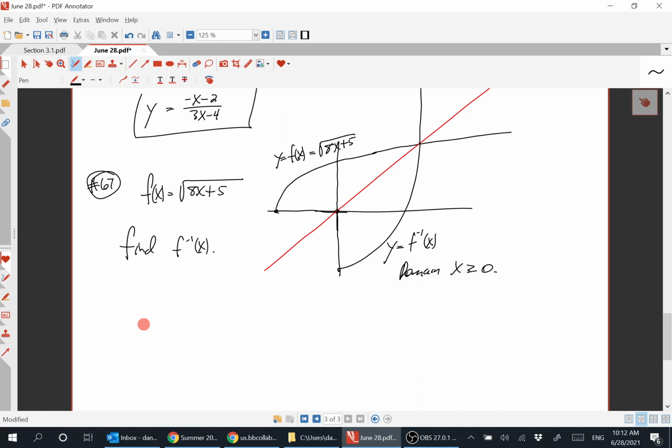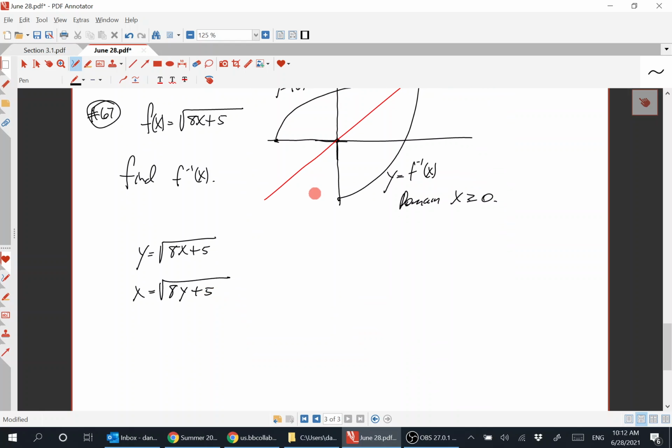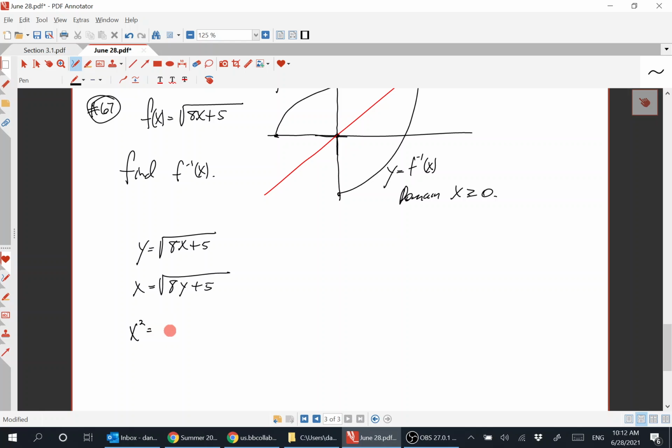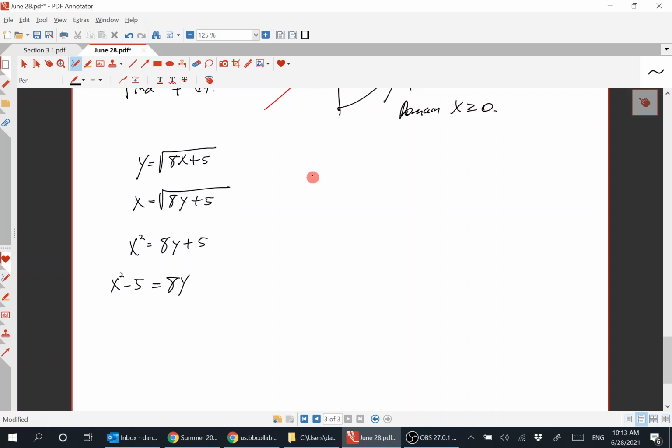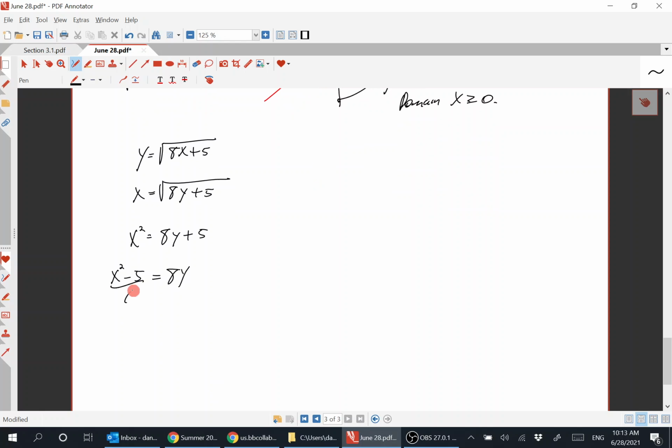So here we have y is equal to square root of 8x plus 5, so x is equal to square root of 8y plus 5. Square both sides. All right, so I've got x squared minus 5 is 8y, and then divide by 8. So 1/8 x squared minus 5/8 is y.